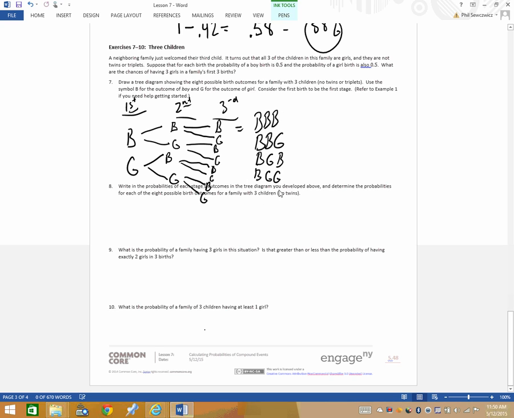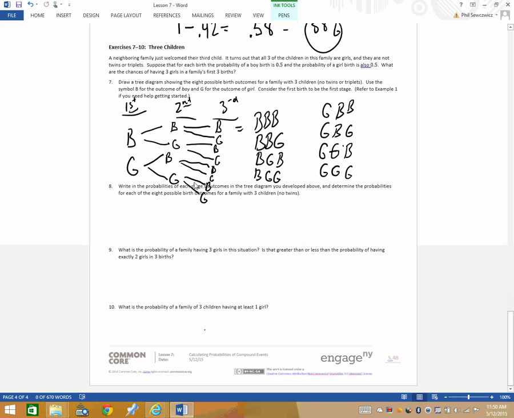Now we're going to have another set of 4 outcomes if we start with just the girl. So it could be girl, boy, boy. It could be girl, boy, girl. And again, we're just pulling off the trees and the branches here. And then girl, girl, boy, and then girl, girl, girl.